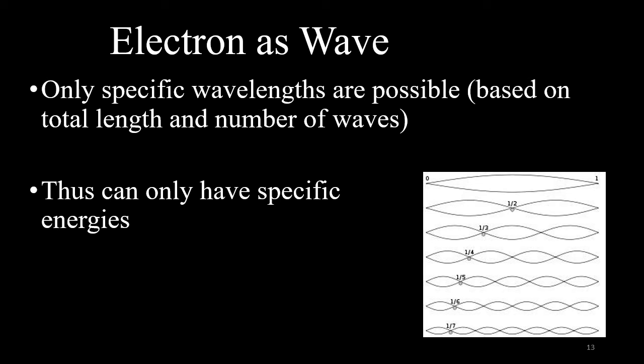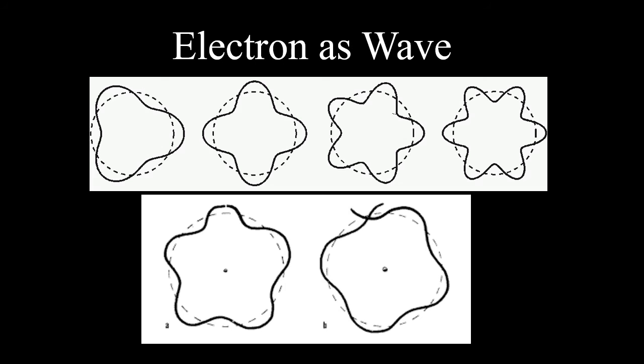So you can only have certain energies because energy is related to wavelength. If you can only have specific wavelengths, either 1 or 1/2 or 1/3 or 1/4 or 1/5 in whatever unit that's in, then you can only have specific amounts of energy for each one of those standing waves.